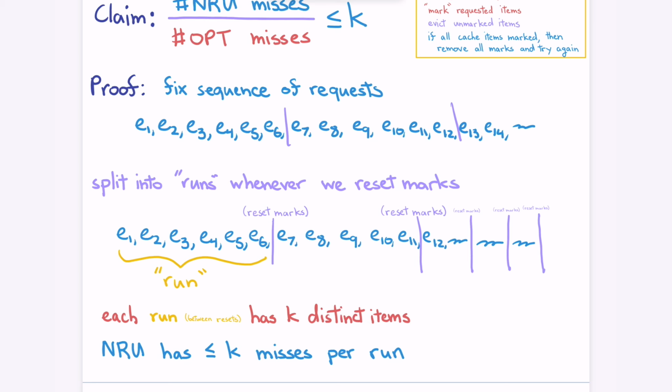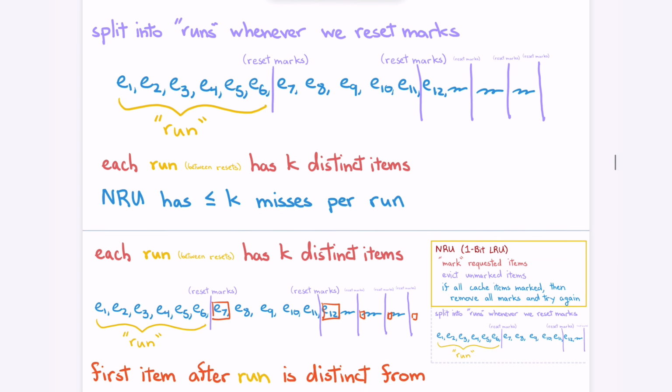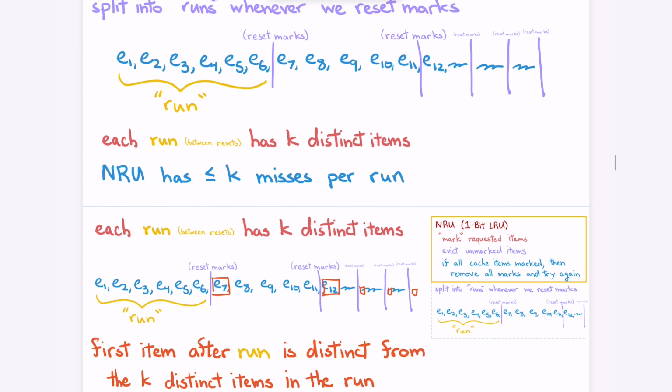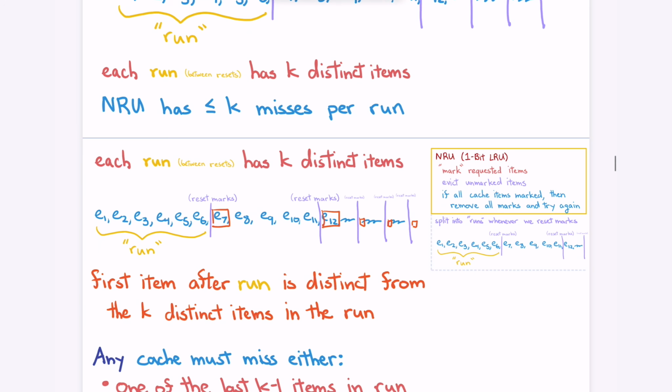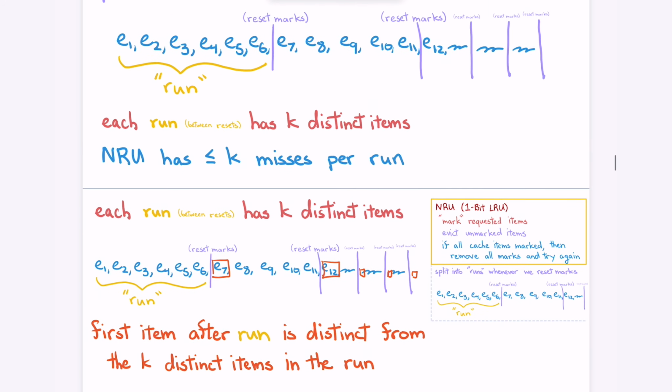So now we want to show that any algorithm has to make at least one mistake. Each run has k distinct items, and as we said, the first item after a run is distinct from the first k distinct items in the run. How can I argue that OPT has to make at least one mistake?